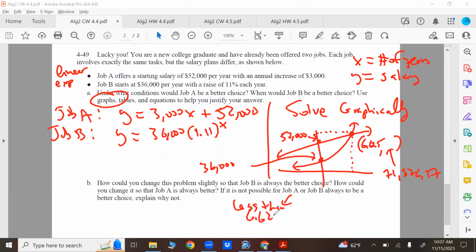Hold on, I'll help you guys in a sec. Okay. Yes. Okay. Yeah, graphing is really tough.